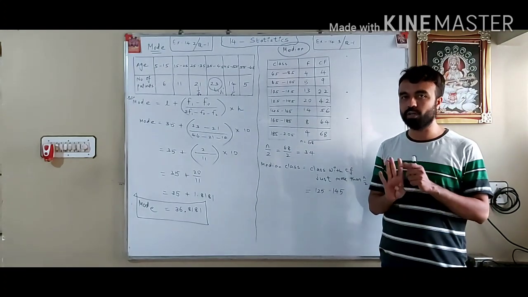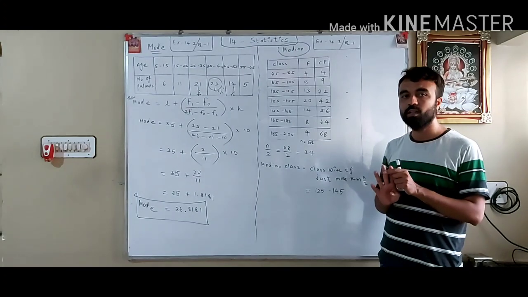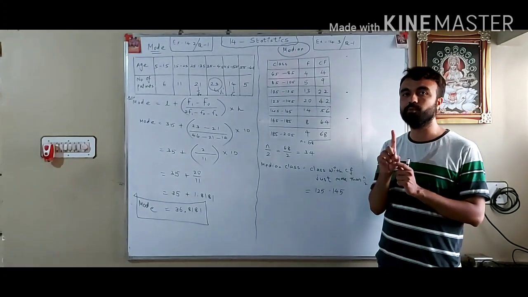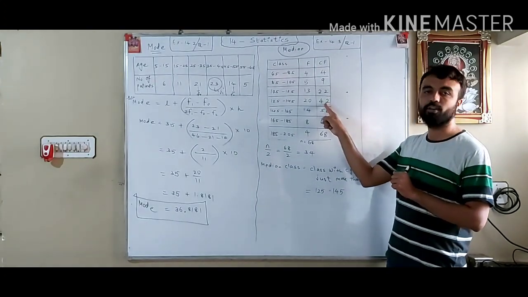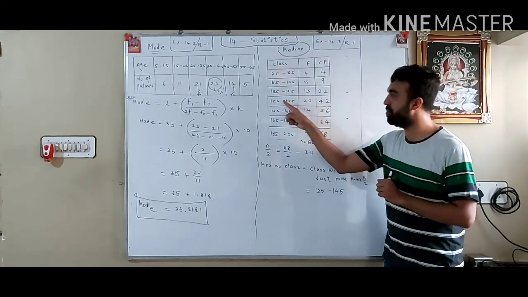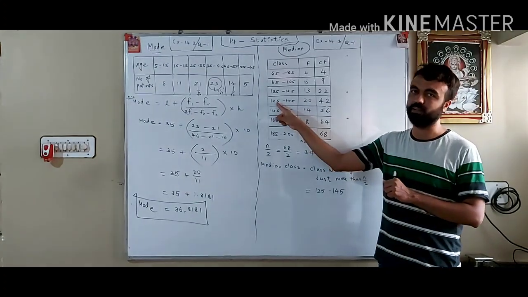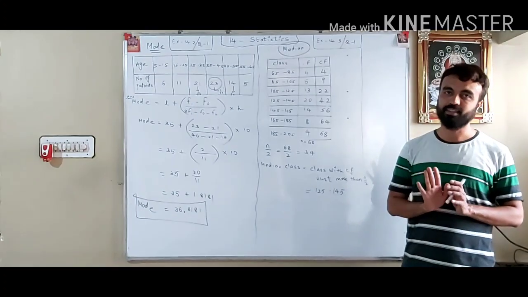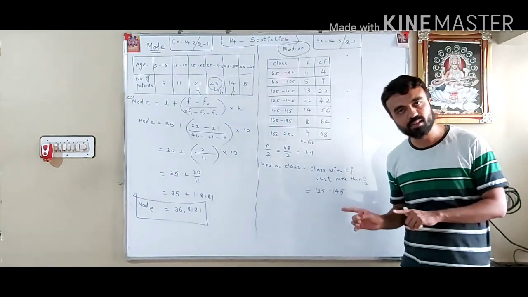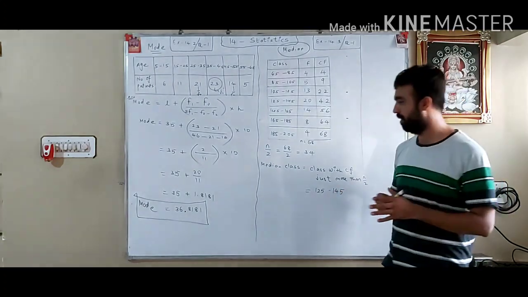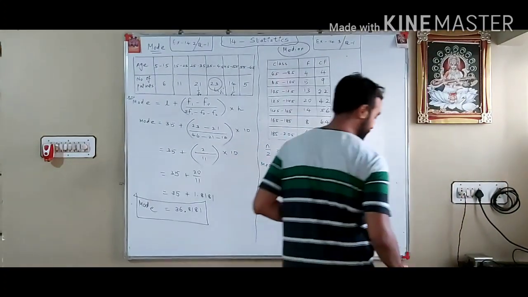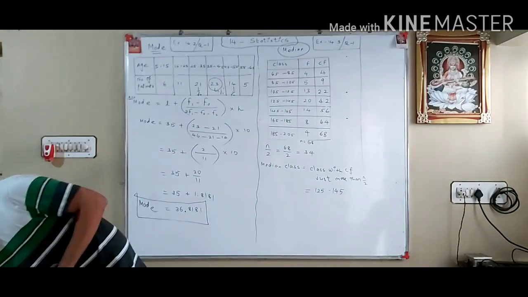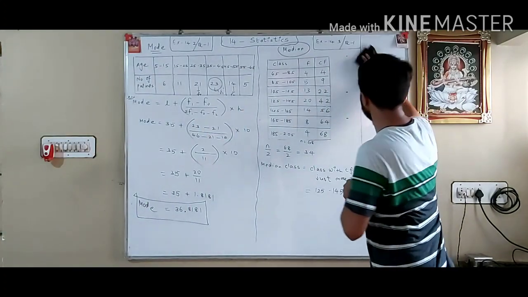Out of these 4 numbers, which one do we want? The very first one which comes. Which is the first one? 42. And it belongs to which class? 125 to 145. So our median class is 125 to 145. Once you get this, now everything becomes simple. Now I am writing the formula here. I am writing the formula to find out the median.